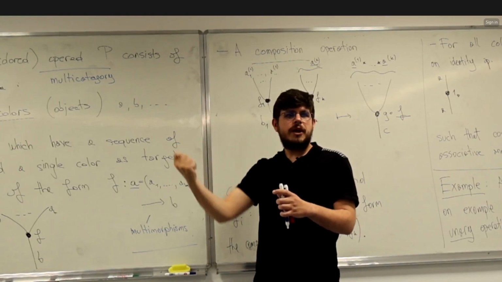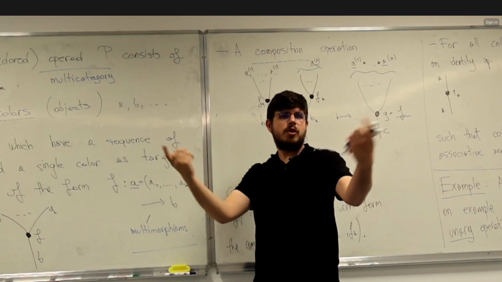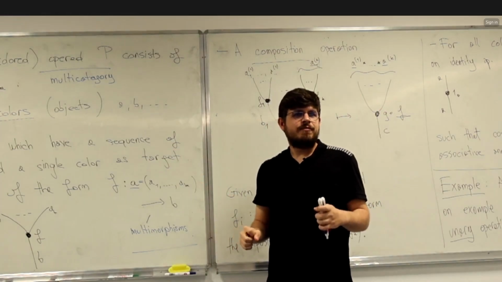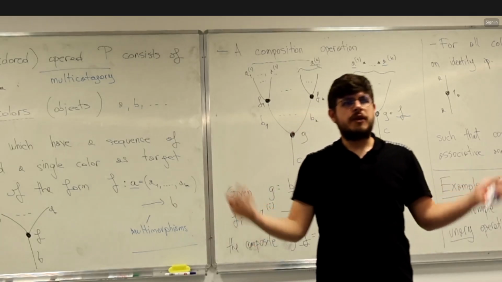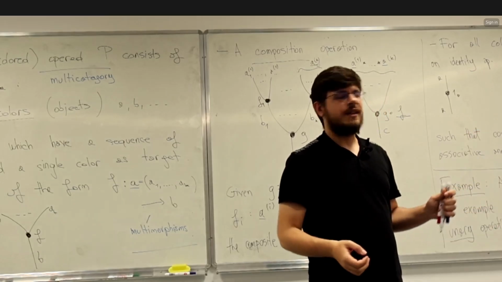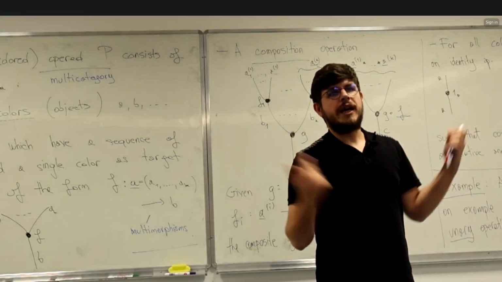Keep only the ones with one input, and what you get is a category because you have morphisms. So you forget part of the structure, you get a category, and it's a forgetful functor which is right adjoint.